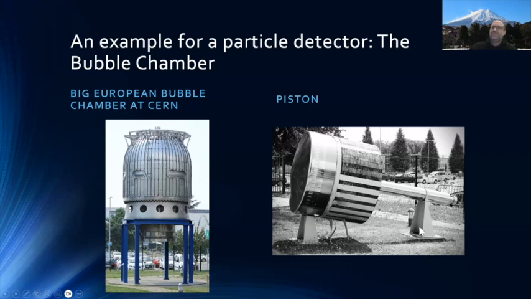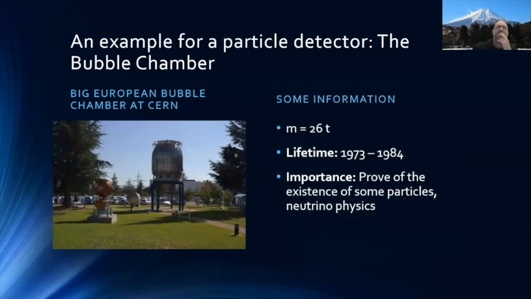And on the other side, you see this massive block, which is part of this detector and will go down into this part. So maybe you will understand later what I mean. If you want to get some information, check this slide. This one is about 26 tons, so quite heavy. And it worked from 1973 to 1984.